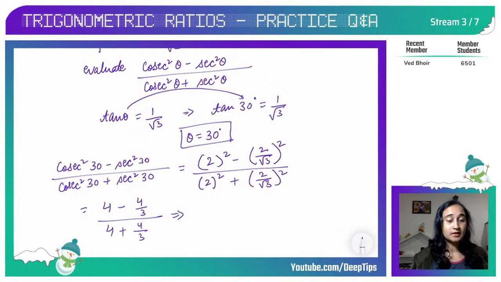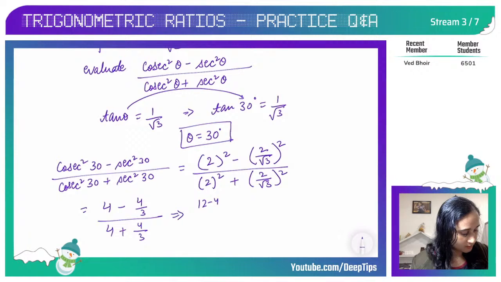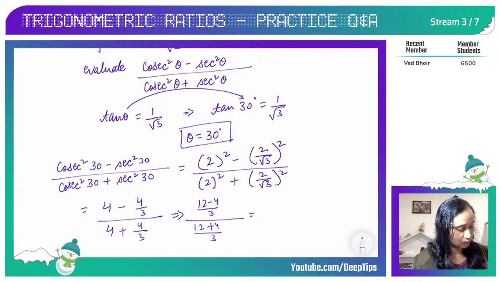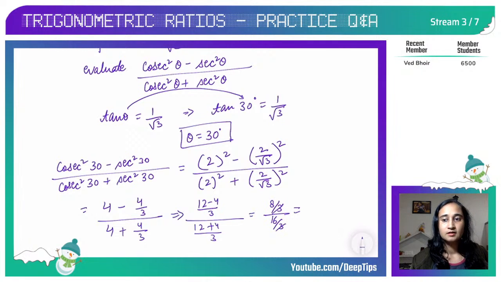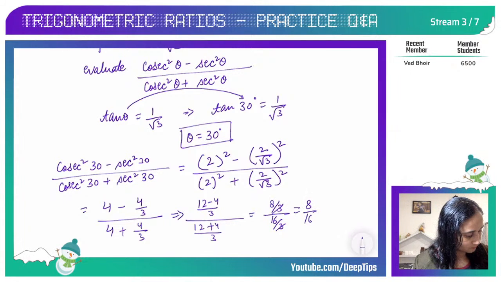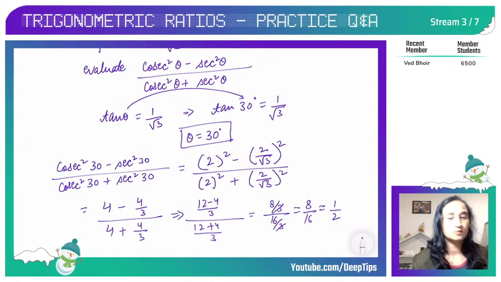If you take the LCM, it is 12 minus 4 by 3 upon 12 plus 4 by 3, which is equal to 8 by 3 upon 16 by 3. So these 3's get cancelled and 8 by 16 is equal to 1 by 2.